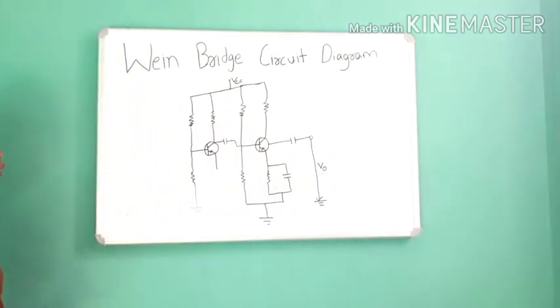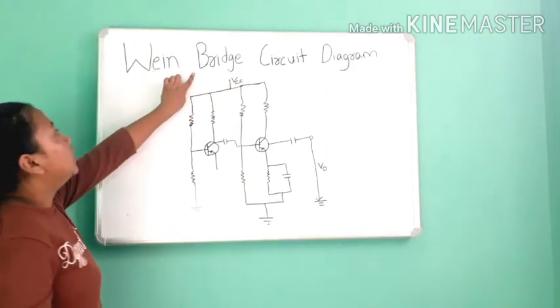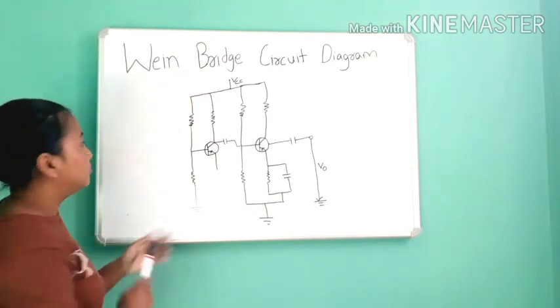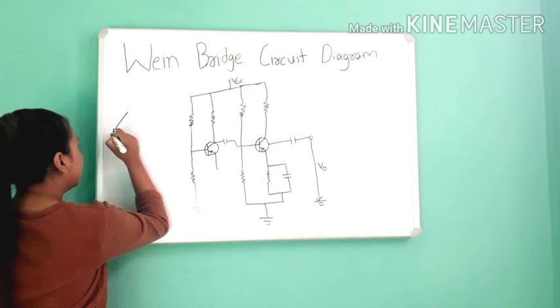So the circuit diagram is of a bridge, so we have to make a bridge circuit. So let's make a bridge circuit.